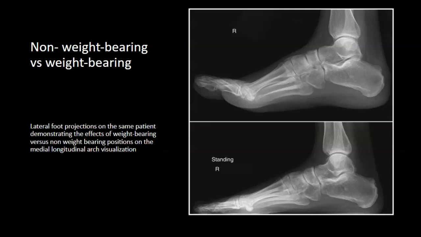In a weight-bearing projection, your tarsals and metatarsals will come in alignment more, and the actual medial longitudinal arch will be flattened some, and so therefore this brings all those bones in more of that lateral projection we're looking for. But both are adequately positioned and are acceptable.